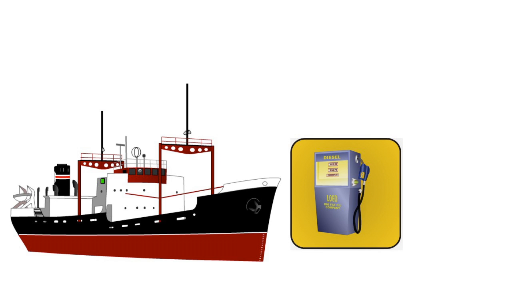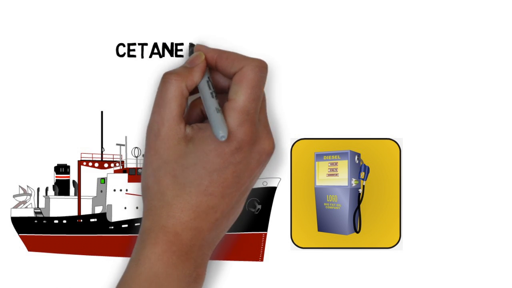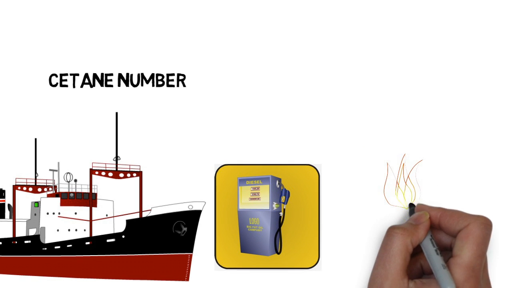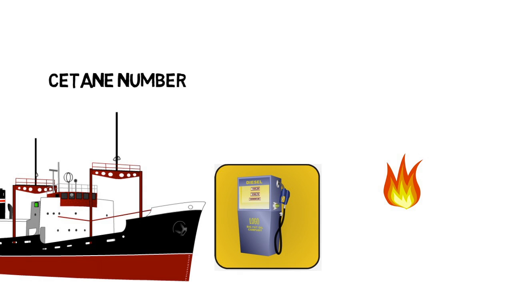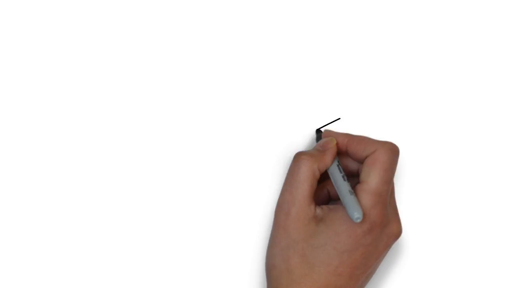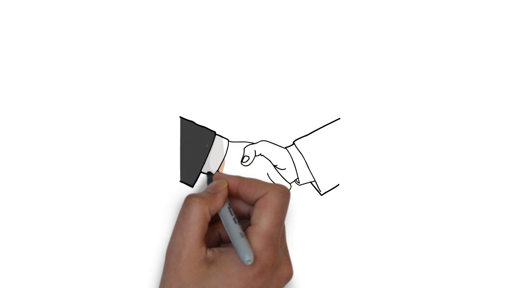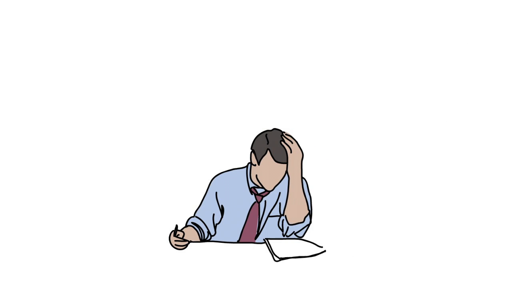With those fuels, instead of using the octane number to gauge the quality of fuel, the cetane number is used instead. Cetane number gives a quantitative measurement of the combustion quality of fuel during compression ignition. And so when a marine vessel fills up, they take the word of the supplier as to the quality of fuel they are buying. But how do they know what they are really buying?